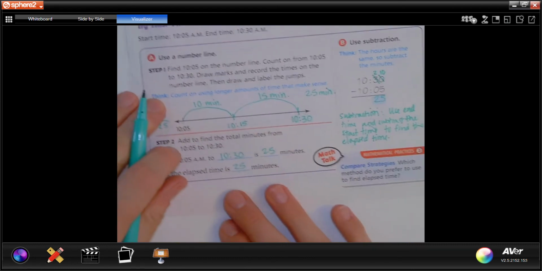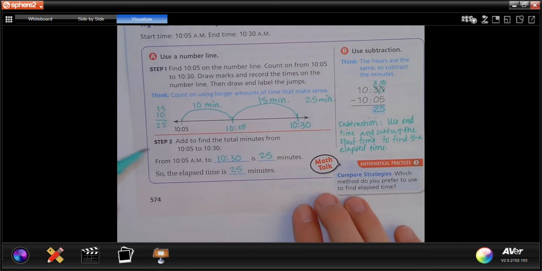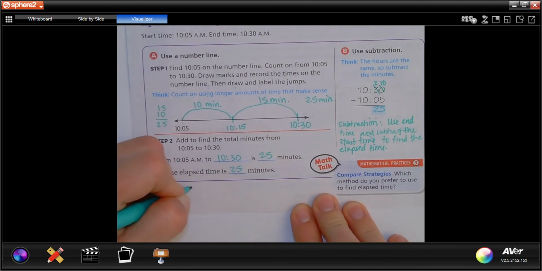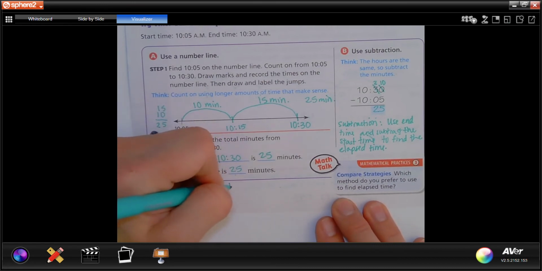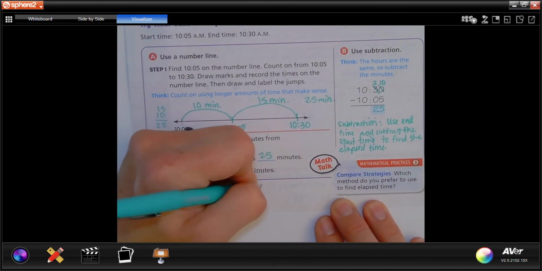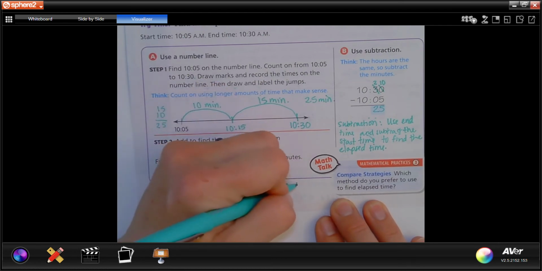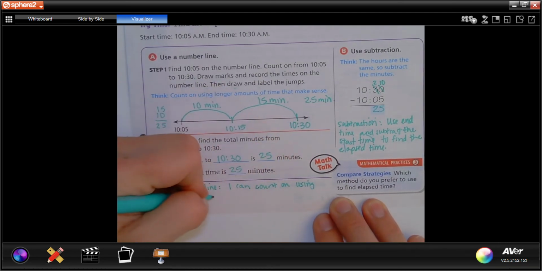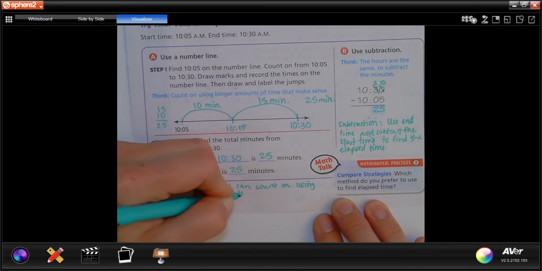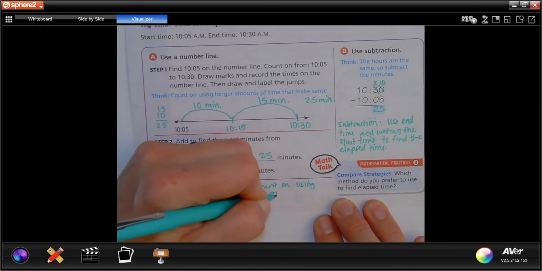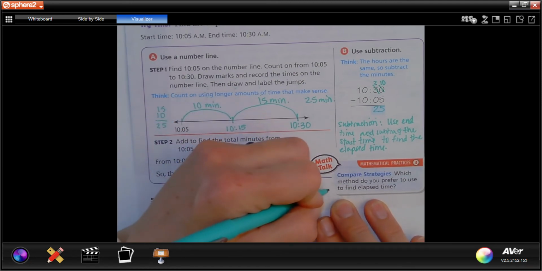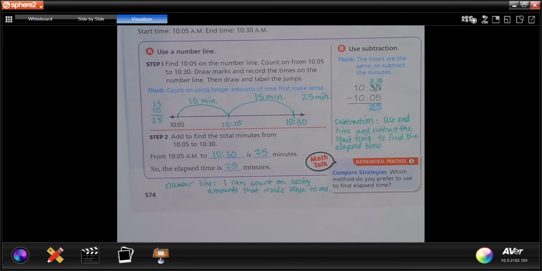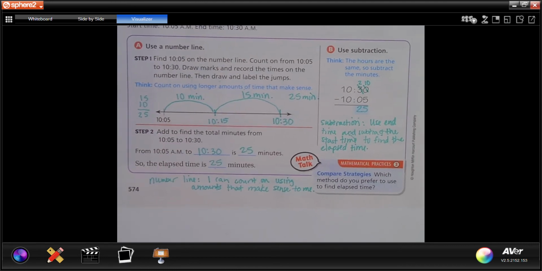If you like using a number line, I can count on using amounts that make sense to me. All right, if you need to pause and copy, you can do that now. We're going to move on to page 575.